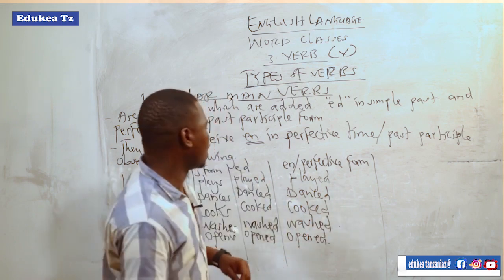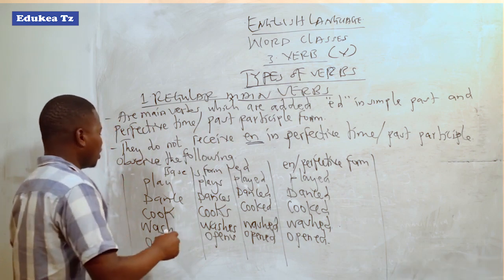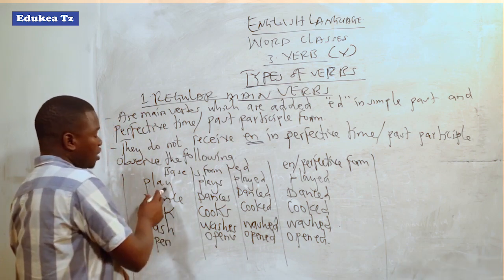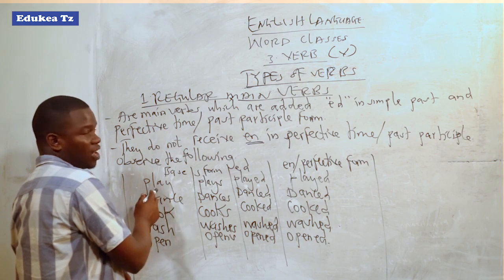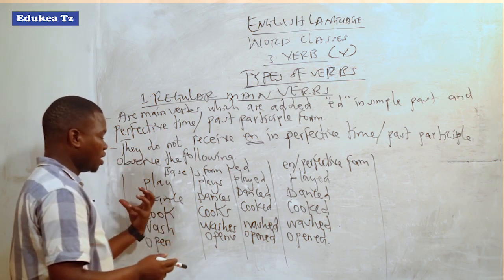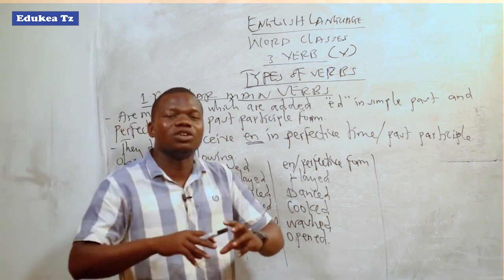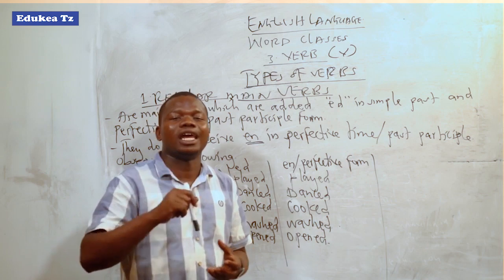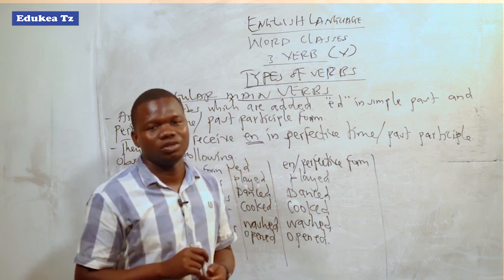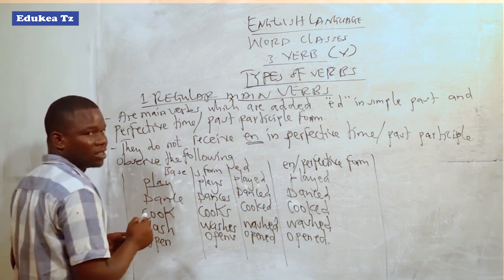And let us check a few examples of those. We have a verb like play. So this play is a verb that is in a base form. Once we say it is in a base form, it is when a word is written in its original form without any addition. That's why the word play is as it is.